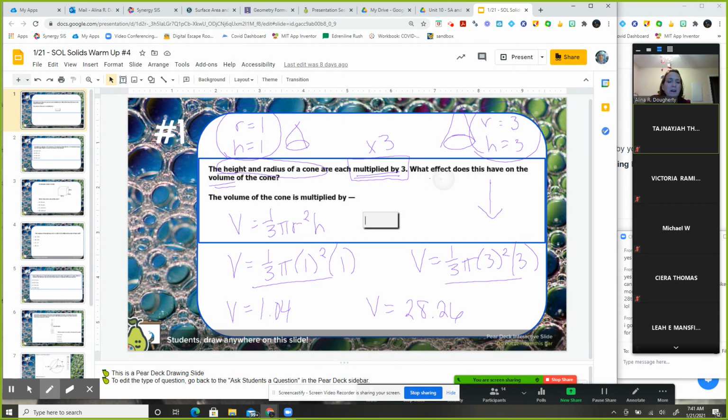So it says, what effect does this have on the volume? So 28.26 divided by 1.04 gives you what? Oh, I had something weird in my calculator. It's basically 27 times bigger.